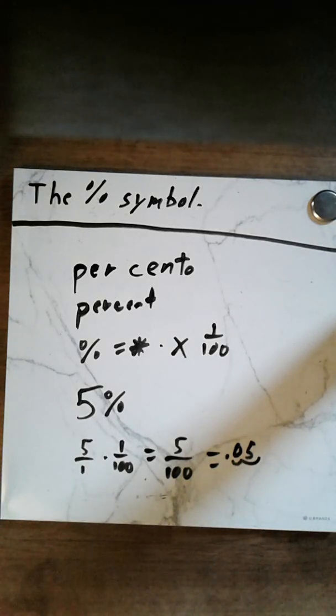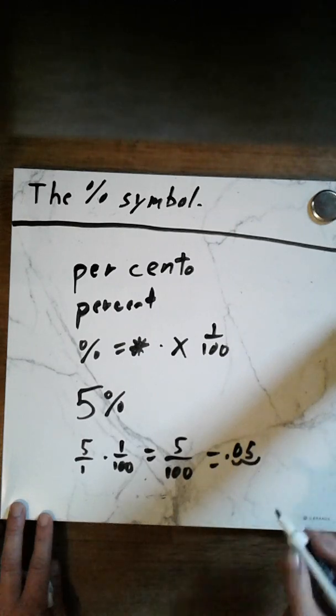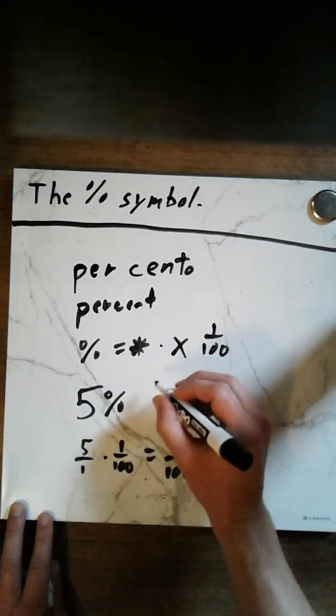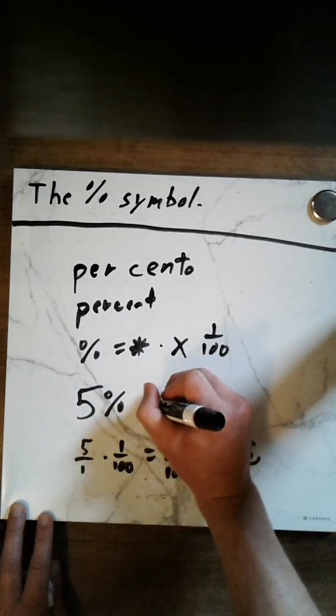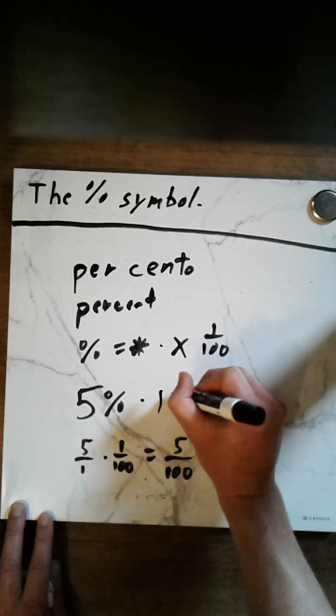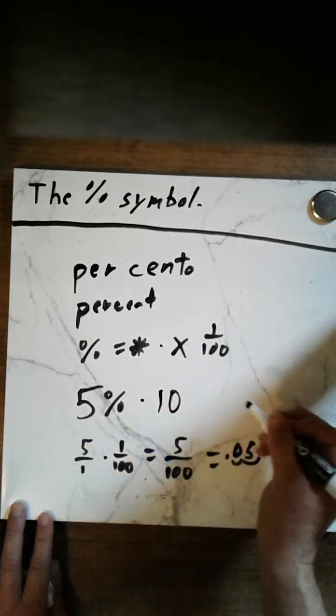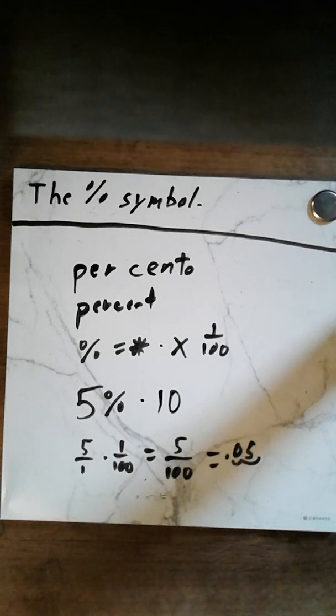So if you were somewhere that had a 5% sales tax and you had to make a $10 purchase, what's 5% of $10?